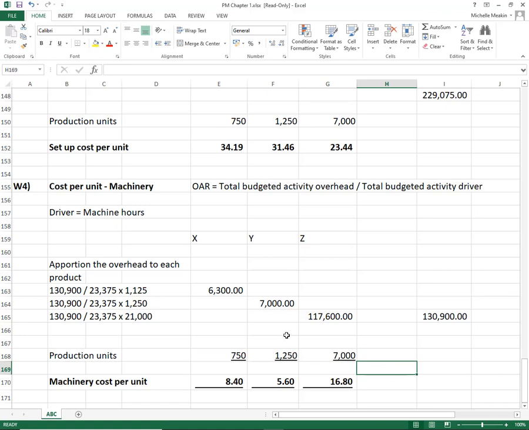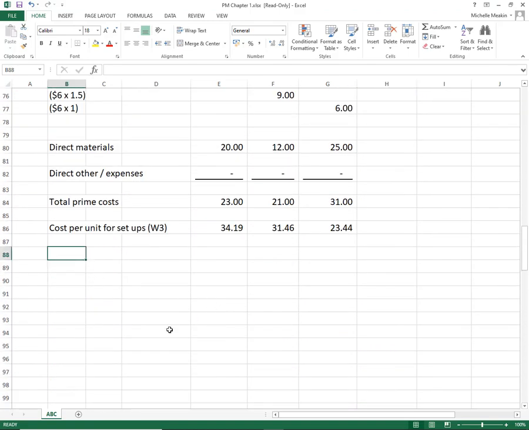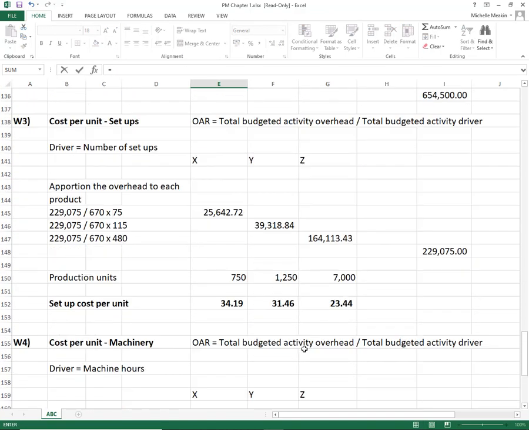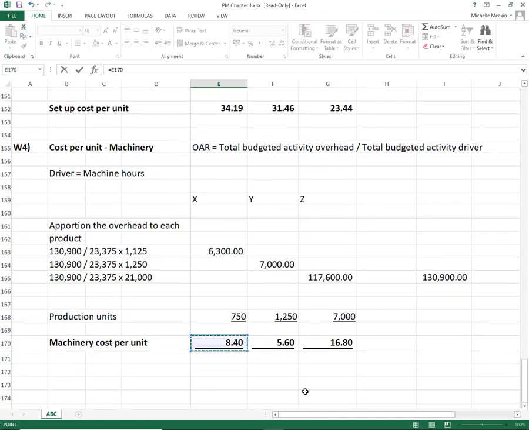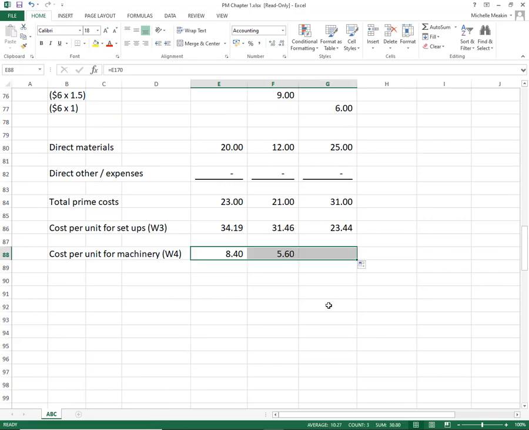And I keep going. I keep replicating it. Once I have each of them, I will include it within my cost card. So cost per unit for machinery. Again, cross-reference to your working number 4, and that has come in as 840, 560 and 1680.